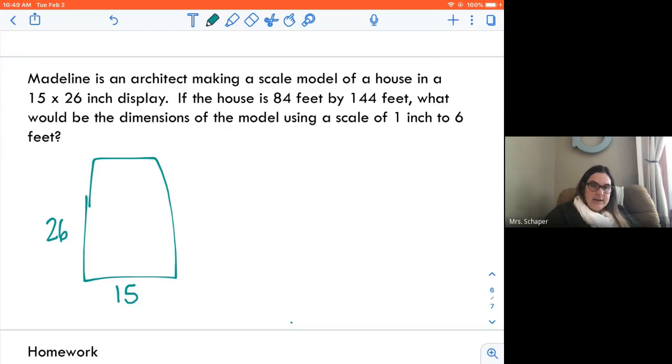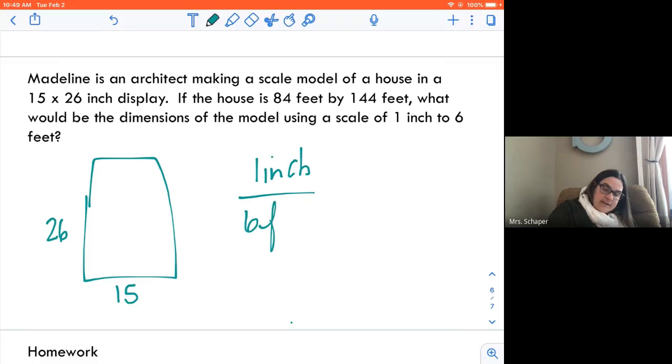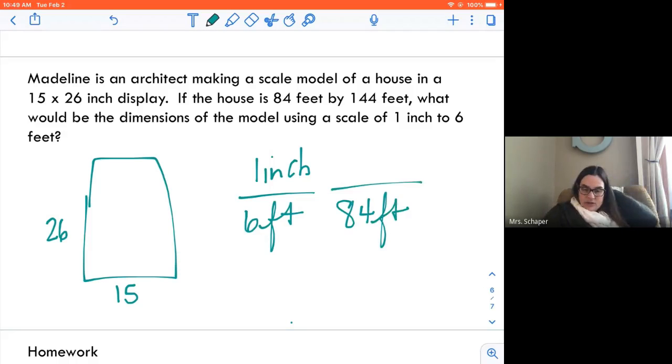So 1 inch to 6 feet is my scale. If 84 feet, how many inches would that be?